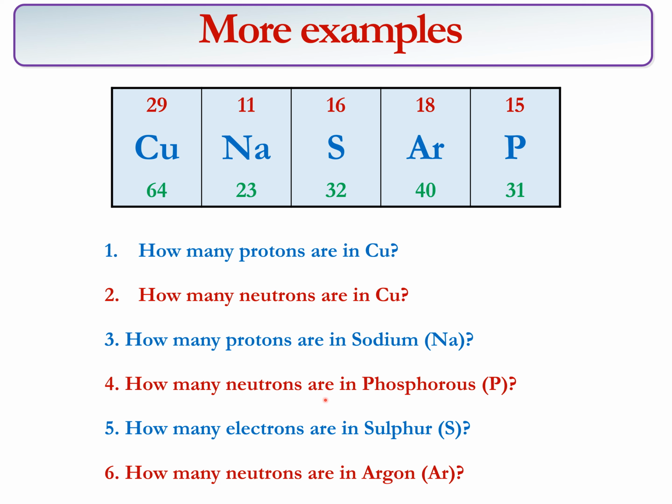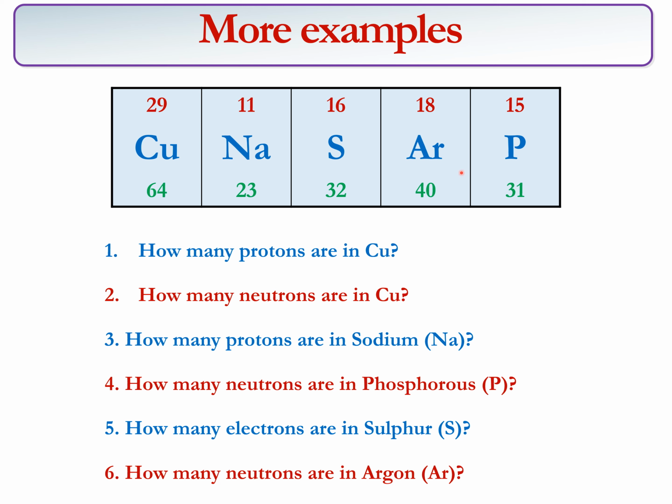How many neutrons are in phosphorus? Phosphorus has atomic number of 15 and mass number of 31, so you simply subtract 15 from 31. So number of neutrons will be equal to 16. How many neutrons are in argon?